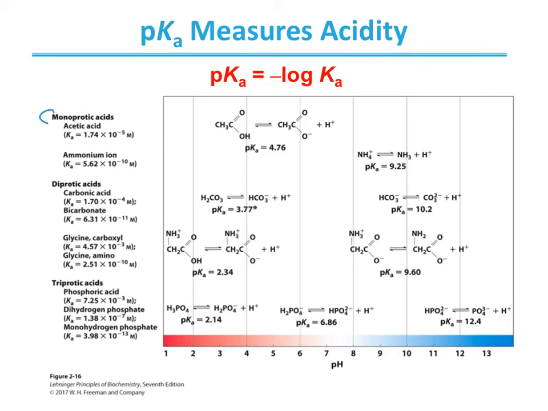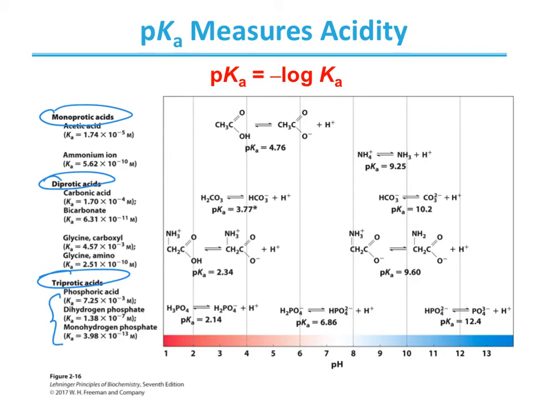Notice here that there are also monoprotic acids, diprotic acids, and triprotic acids. A monoprotic acid just has 1 acidic proton that it can give up. A diprotic acid has 2, and a triprotic acid has 3. And there's a Ka value for each of the protons that can be given up. So for a triprotic acid, such as phosphoric acid, you actually have 3 different Ka values.